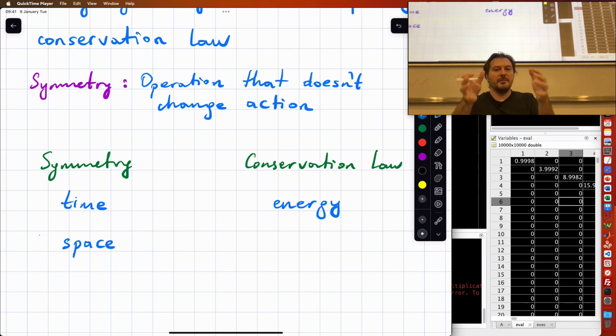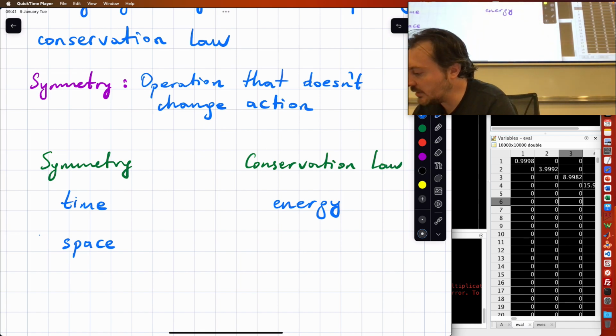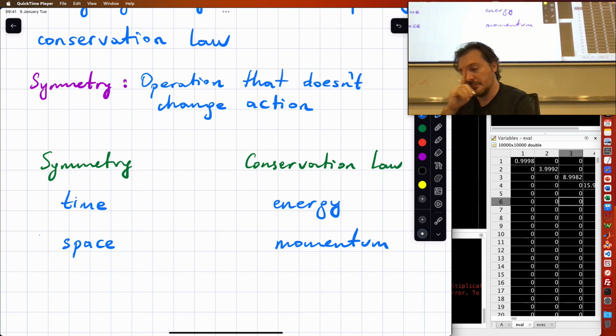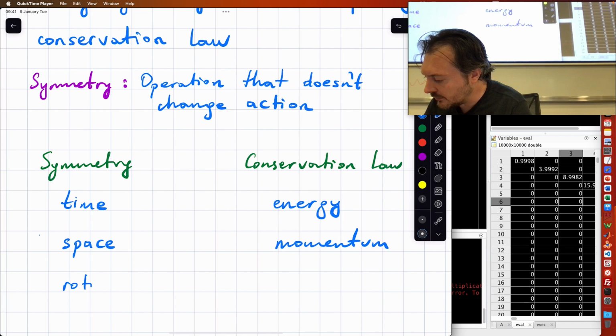So I do an experiment here, then I do the same experiment over here. If the system doesn't depend on that, then it turns out momentum is conserved. I will show you a very good example of this. And rotational symmetry results in conservation of angular momentum.